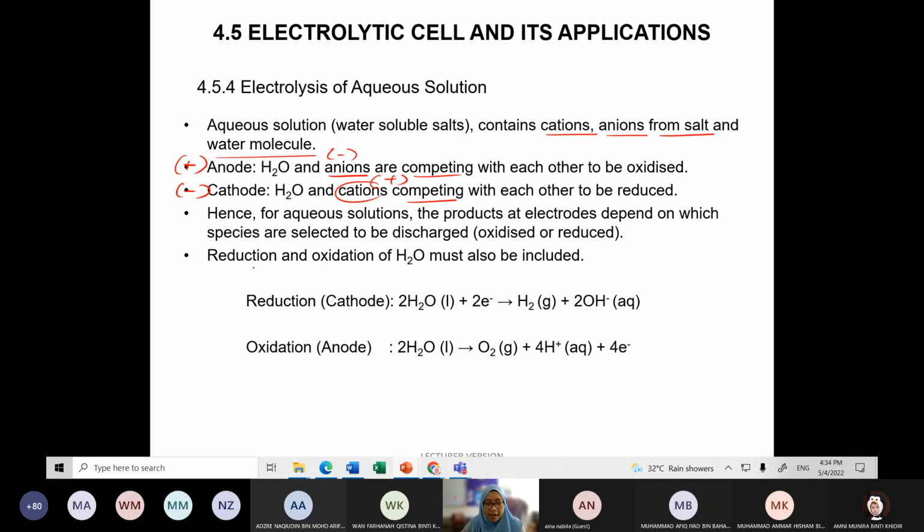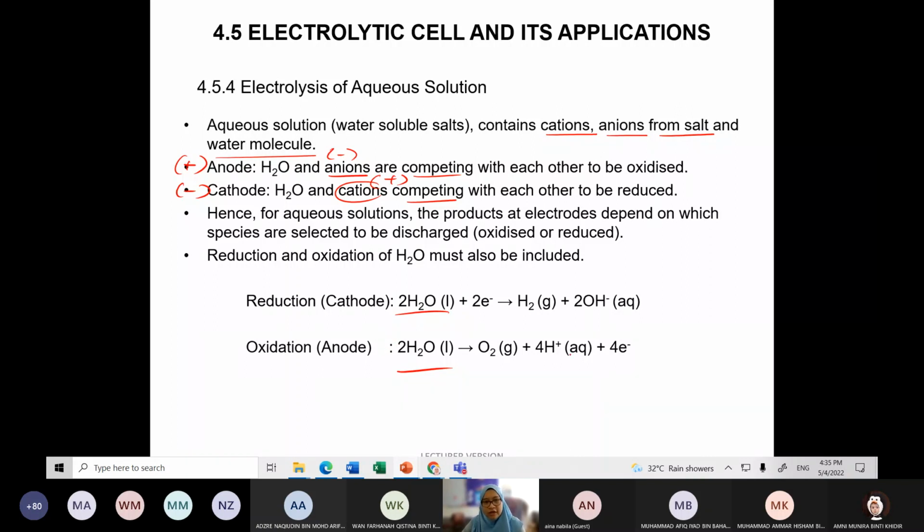Okay, alright, so for the reduction and oxidation at the cathode and anode, you need to consider water. Nak highlightkan lah dekat situ. You kena ada water juga. You kena consider water. Water might be discharged at the cathode and also at the anode. Macam mana nak tahu? Based on reduction potential value dia tu.